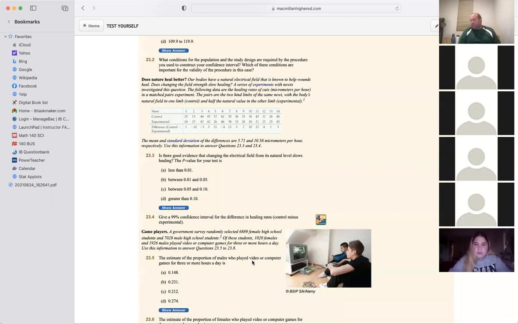Why is the decision that we make using the confidence interval approach the same decision that we make using the hypothesis test approach? What is the decision for the hypothesis test approach? Reject the null hypothesis or not reject it?